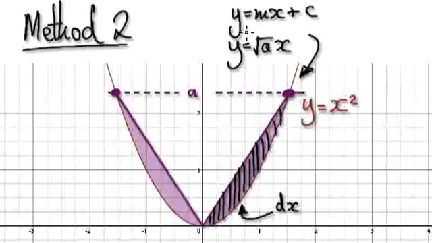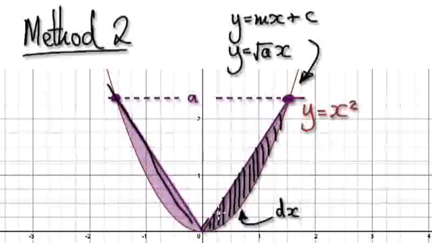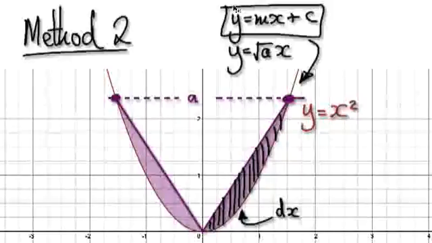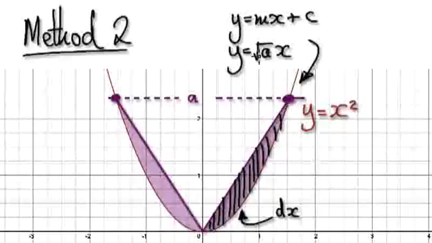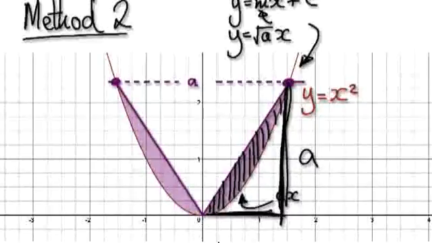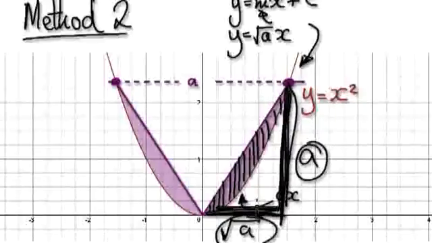Well, it's a straight line, so it must obey y equals mx plus c. And then, what is the gradient of this? The gradient would be the height, which will be A, divided by the across, which will be root A.